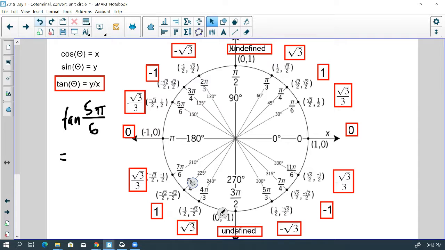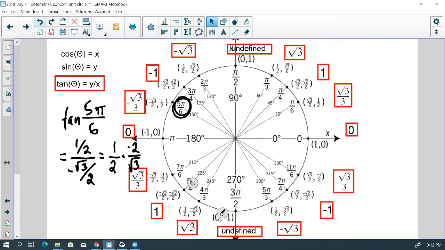you have to first realize that tangent is y over x, and then locate 5 pi over 6, which is right there. The y value is 1/2. The x value is negative rad 3 over 2. So you have a positive divided by a negative, so that means the whole thing is negative. And when you divide this out, you're dividing by a fraction, so you can flip and multiply.